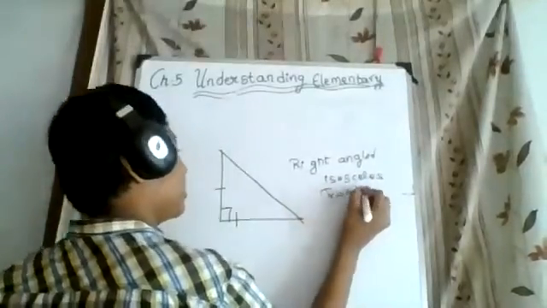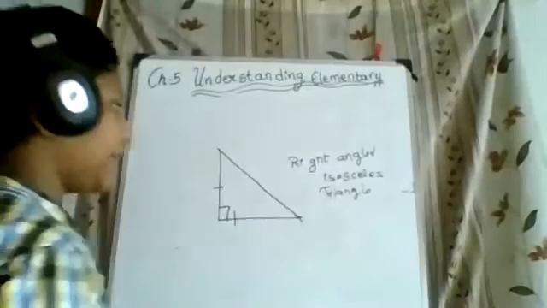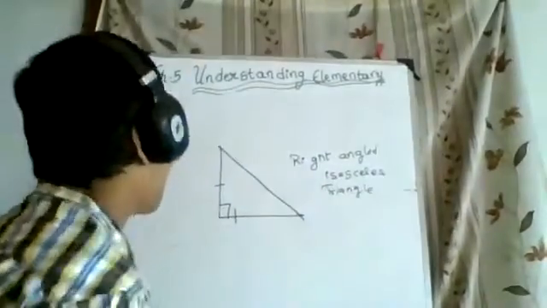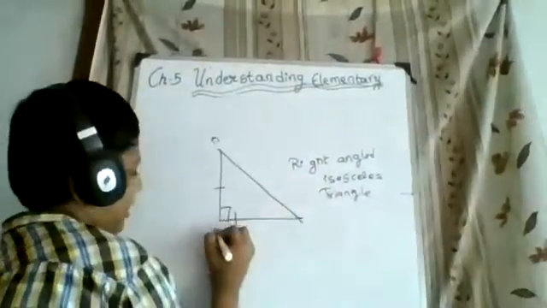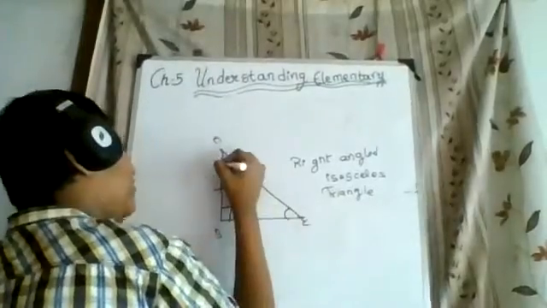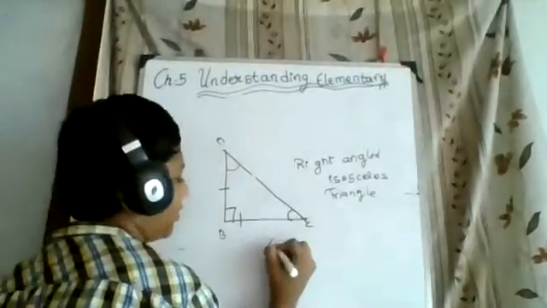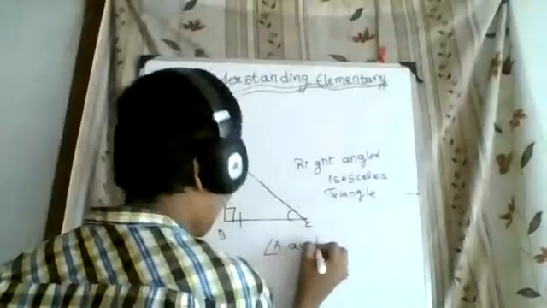In this, two sides are equal and one angle measures 90. Now they will be asking a question in this. What is the measure of angle A and angle C?